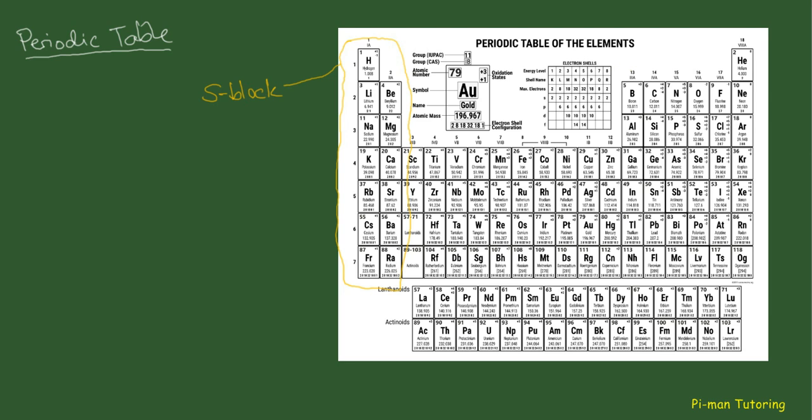Over here on the right hand side these 6 groups, this is where we are filling the p level orbitals, and so this is called the p block.